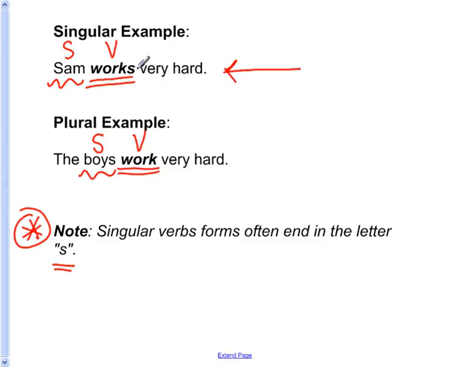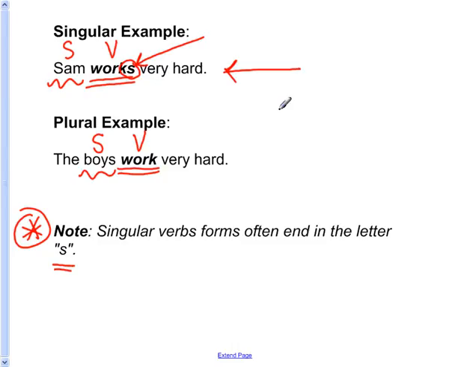The singular verb form is works, and it has an S in the end, so this is correct. We're used to plural forms of nouns having S on the end. So we have to be very careful not to confuse that with singular verb forms, because singular verb forms often have an S in the end.